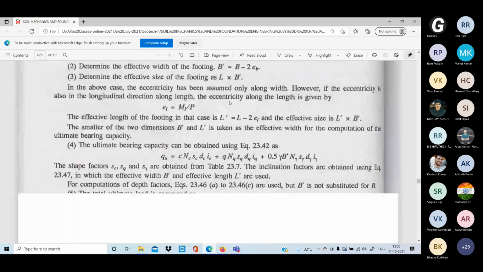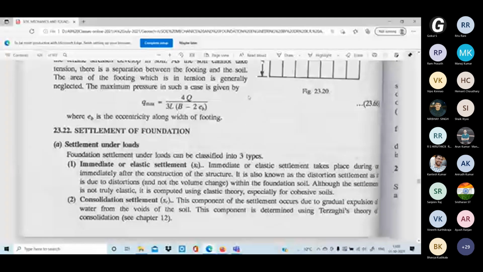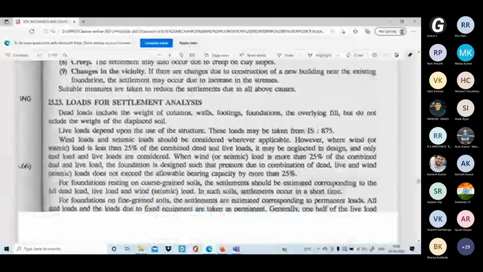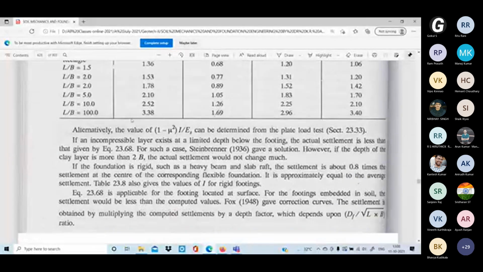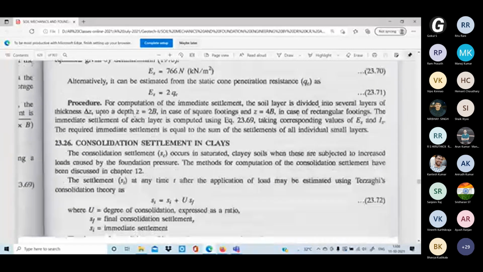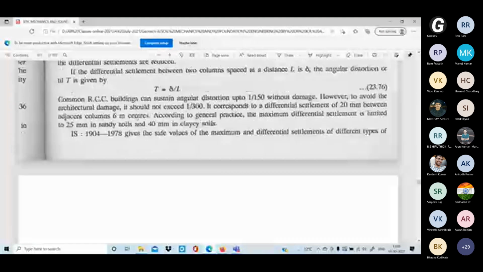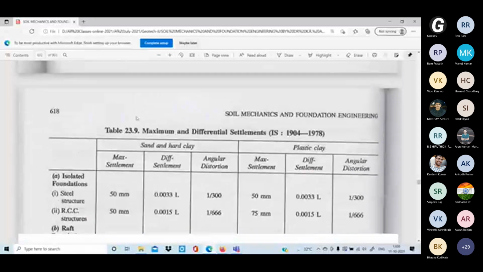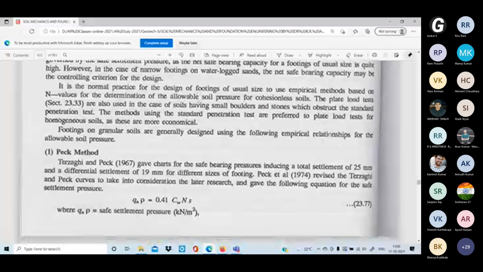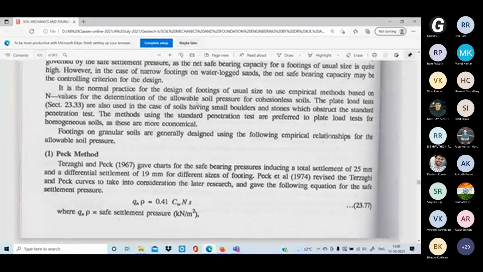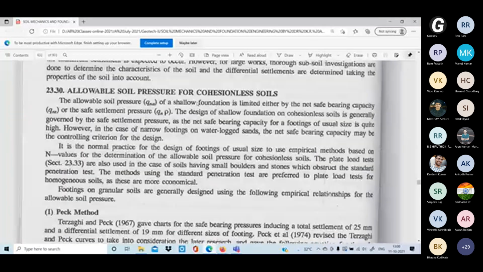I told you to go through the case where the foundation is eccentric. Then coming to the settlement part. Okay, so all the settlement is given, and finally look at that particular chart. Some of the charts are given, and finally we came to this maximum settlement. We say that differential settlement is more harmful than the maximum settlement, and allowable pressure is given.